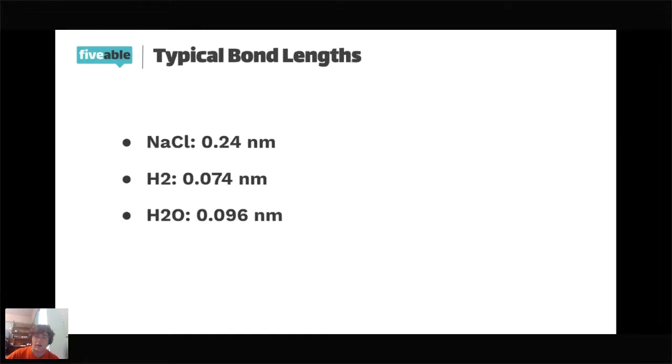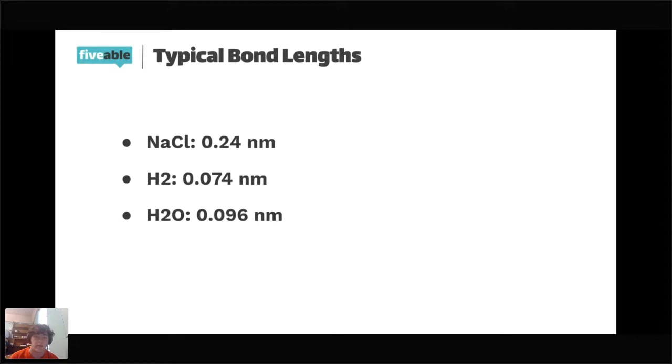So typical bond lengths are on the magnitude of 10 to the negative 10 meters. So that's really small. Sodium chloride's bond length, or just the bond length between any sodium and chloride, is 0.24 nanometers, which is really small.